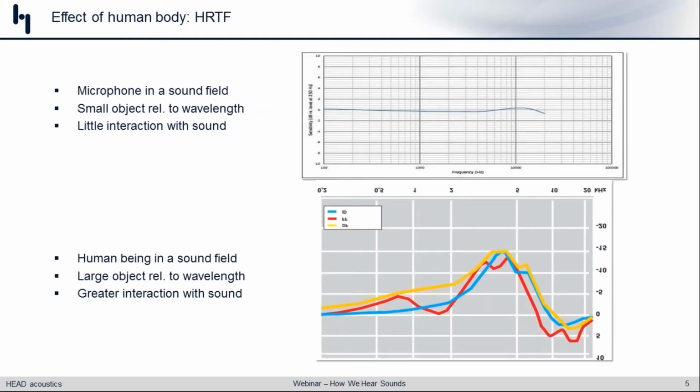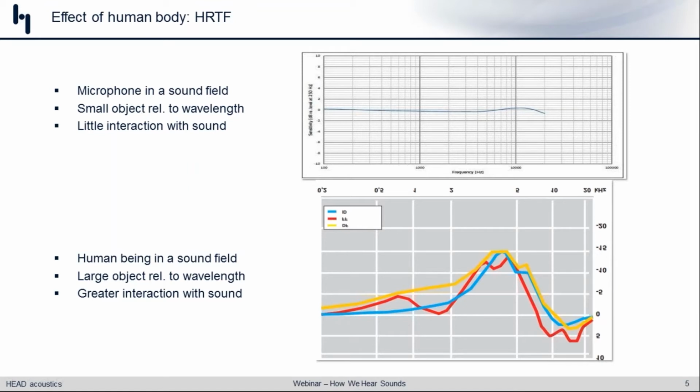Now, to put some more detail onto that, if we take a reference microphone, something like a 1/2 inch or a 1/4 inch reference microphone, so very small relative to a human body, but you put that in a free field sound field, and you expose it to sound waves, a sweep going from, let's say, 100 hertz all the way out to 20 kilohertz, roughly the range of human hearing.